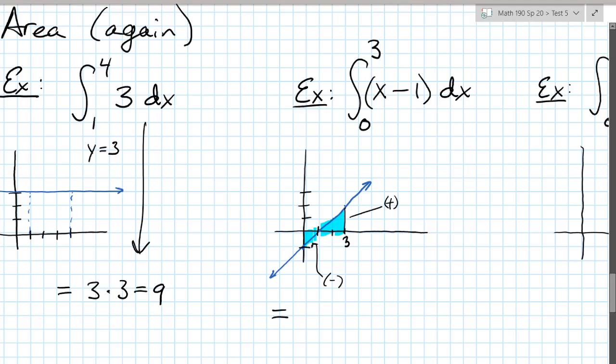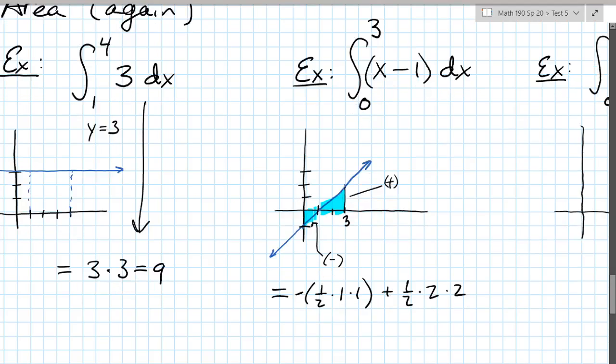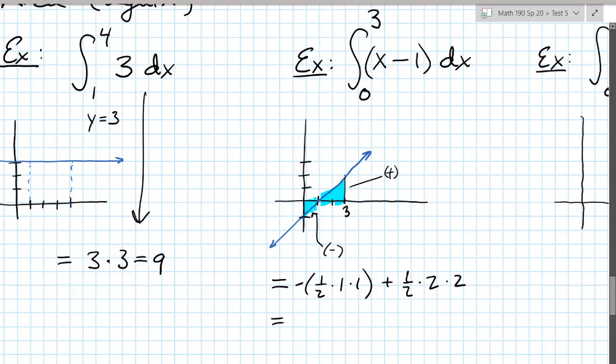So our net area is the opposite of 1/2 base times height for the small triangle, and then a positive 1/2 base times height for the larger triangle, giving us -1/2 plus 2 equals positive 3/2. There we go. I can add.